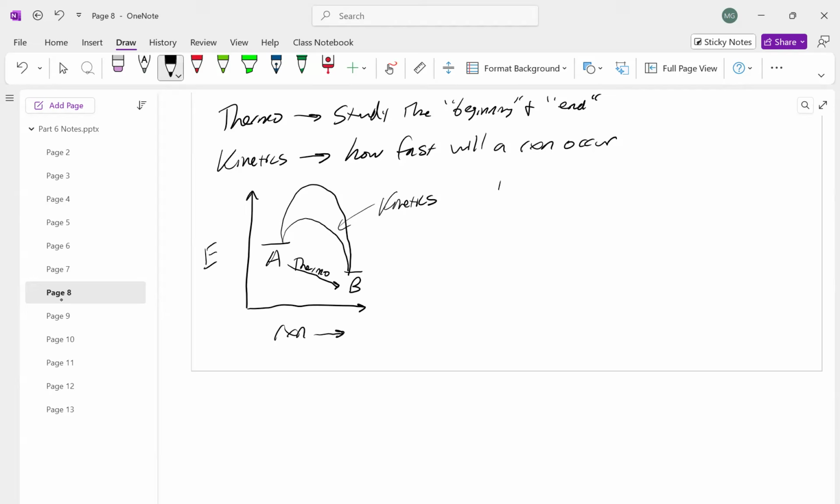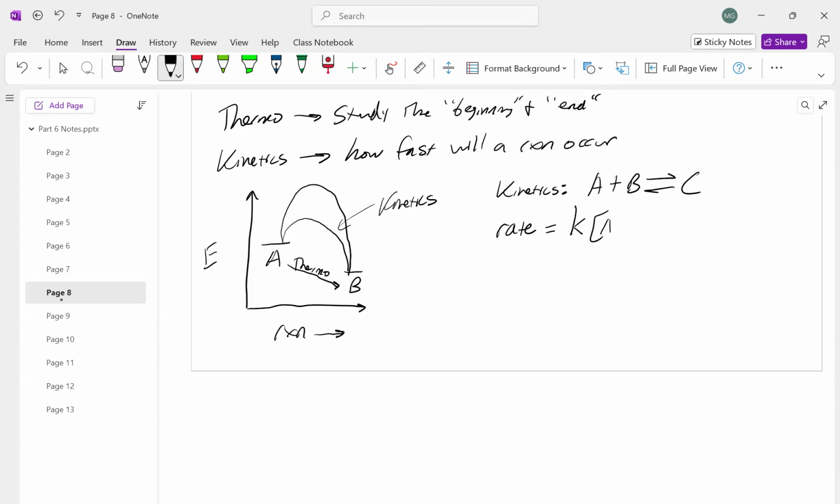How do we quantify kinetics? So let's say we have this reaction here. A plus B makes C, so it's in equilibrium with C. How fast the reaction occurs, or the rate, is equal to some rate constant, k. I want to make sure that's a lowercase k, so that's not the equilibrium constant. Don't mix that up.